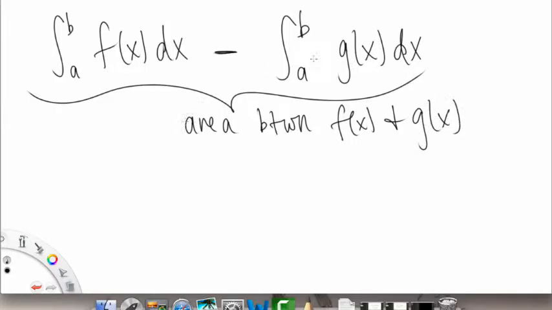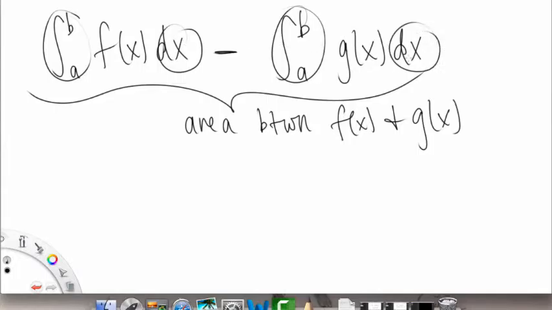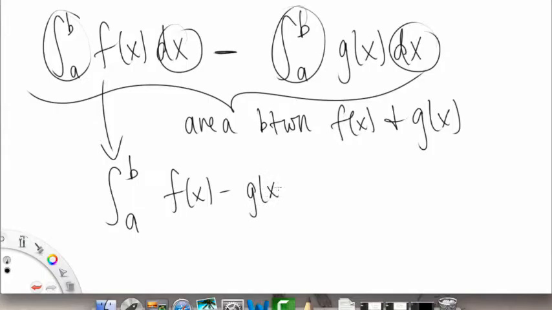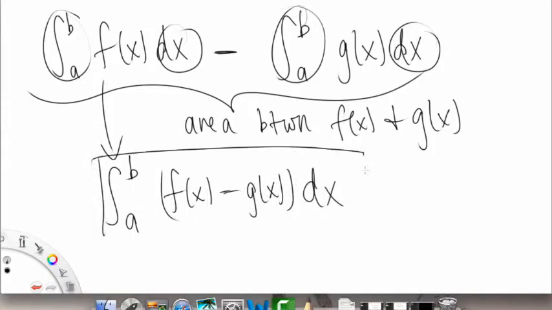And another way to write this, since we have the same limits of integration and the same differential we're integrating with respect to, which is x, is to combine this into one integral from a to b of f of x minus g of x, and then dx. We can just squish it together into one integral.